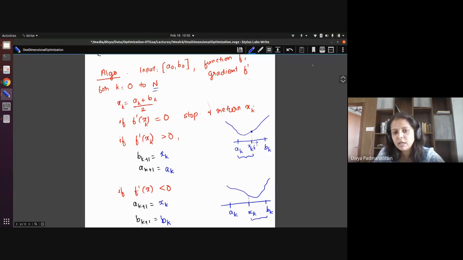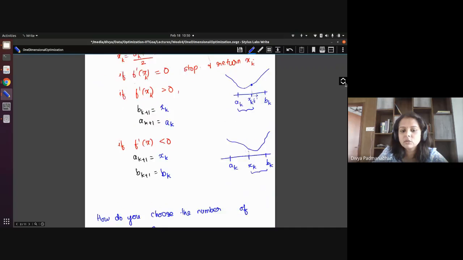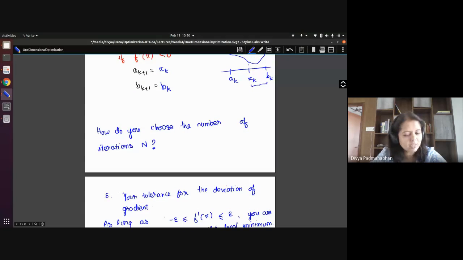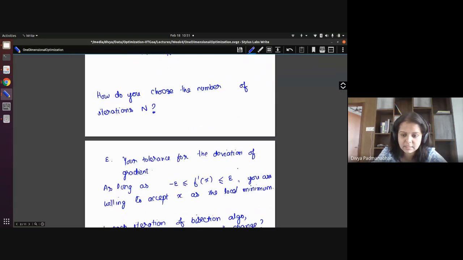But when you implement this, that exact equal to 0 condition is not very easy to check because of numerical issues. So you're okay to have some tolerance. As long as the derivative is within the range epsilon to minus epsilon, you're willing to accept the x you got as the local minimum. This epsilon can be very small, maybe say 10 power minus 5.